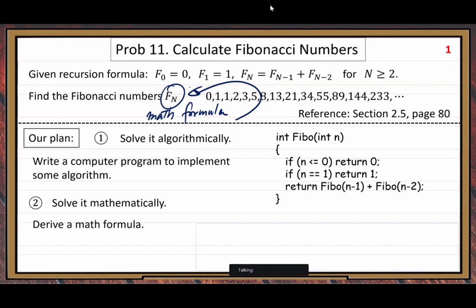People can write a recursive function to calculate the Fibonacci numbers easily, as easy as this one. The question is, is this a good algorithm? How fast or how slow is it? The answer is surprising: extremely slow.